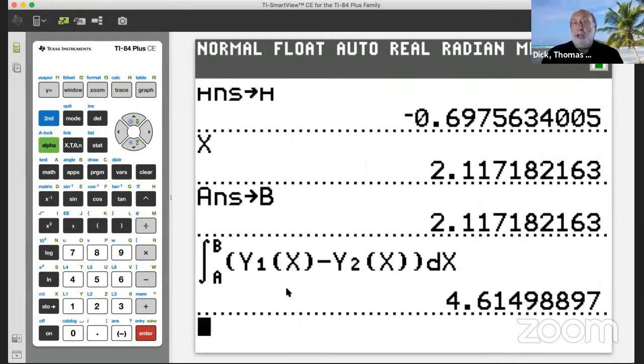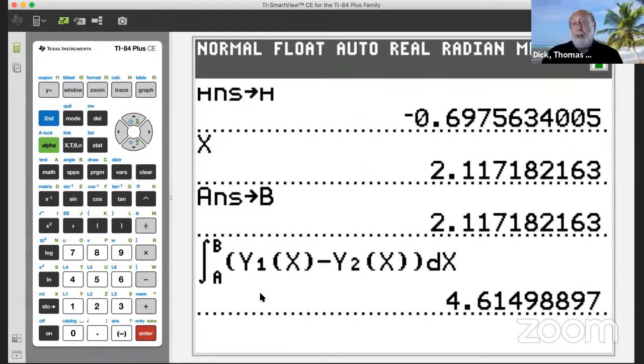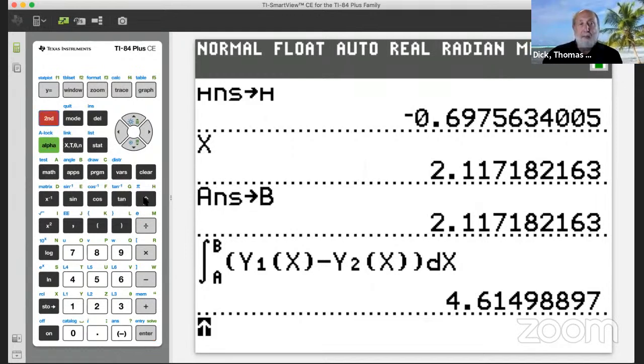Okay, it was rotating the region around the line y equals 3. Okay. Yeah. So now that line is up above the region, so our outer radius is going to be the curve furthest away from that line, which happens to be the Y2. So I'm going to go ahead and put in our pieces here. Let's see, I think there's going to be a pi involved. So let's get pi.